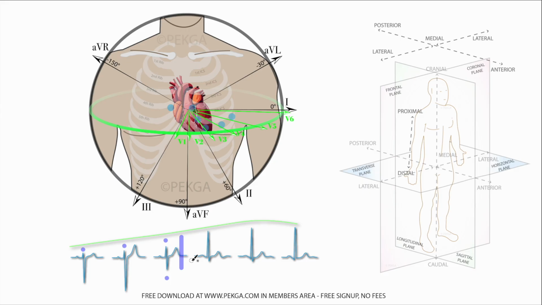And then what happens is somewhere between lead V3 and V4, the QRS, which was predominantly negative, right? So you had a big S wave, should shift and it will become predominantly positive. This is known as your R wave progression, and it's supposed to happen sometime after lead V3.